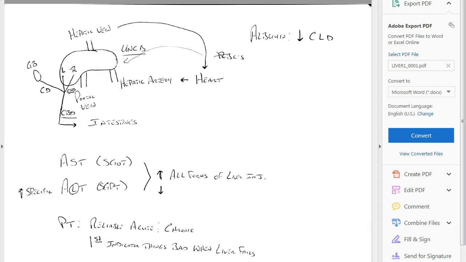Blockage of some sort that causes the ducts to be closed for business. You'll see a spike in direct bilirubin. And like I said, direct bilirubin typically makes up 50% or more of your total bilirubin, which again is why you see bilirubin in the urine.